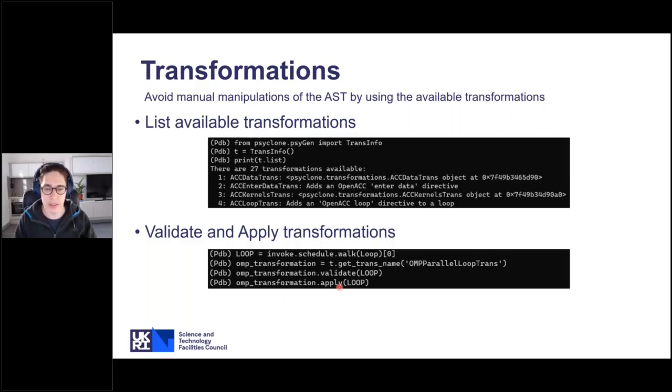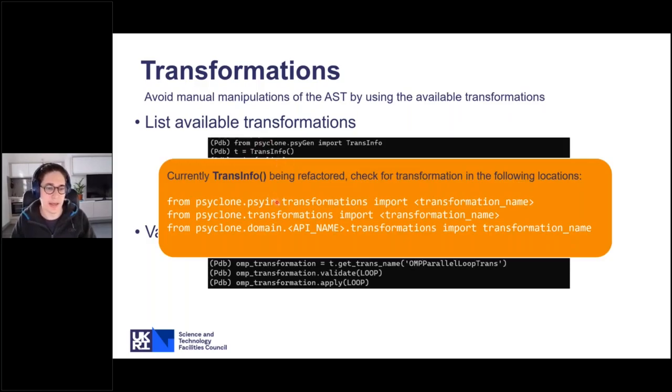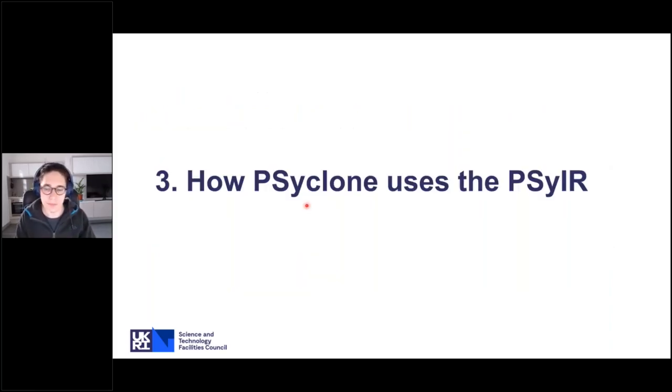Now, you will see that in the examples and in some PSyclone snippets, we don't use TransInfo, and that's because this is being refactored at the moment. So if you don't have access to a transformation through this object, you can directly import it in Python, if you're familiar with Python, by looking specifically at the folder or the module where this transformation is available.